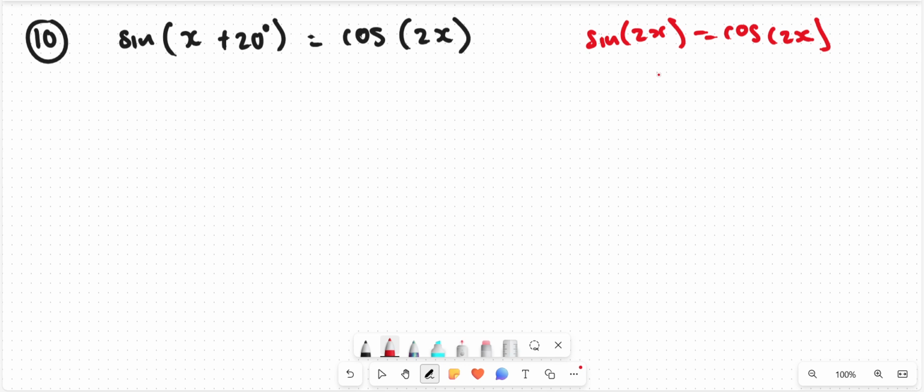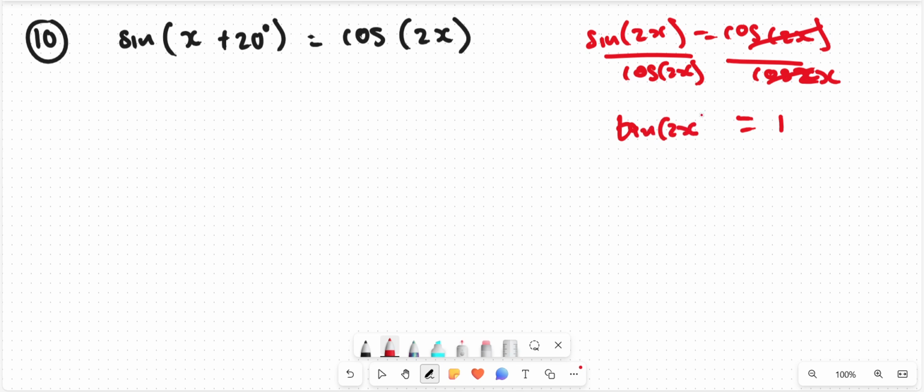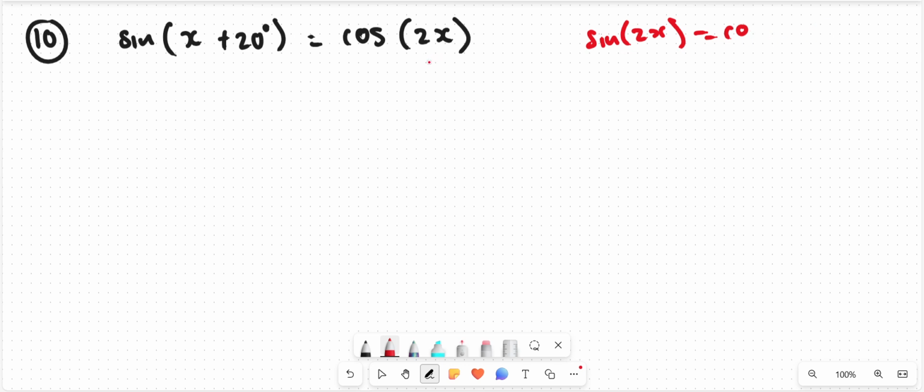So this one, you can apply your identities, dividing by cos 2x on both sides, and therefore these would cancel, giving me a 1 there, and this would be tan 2x. So this works, right? And why do I say it works? It works because those angles were the same there. But the fact that these are not the same, one says x plus 20 degrees and one says 2x, means we cannot use that identity to solve these.